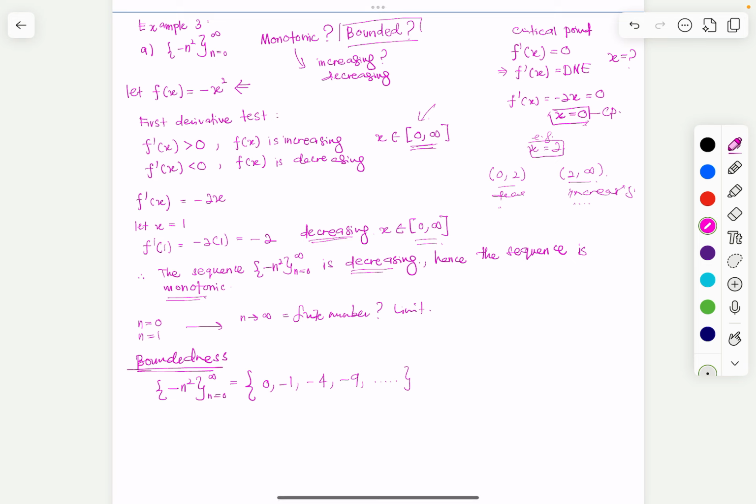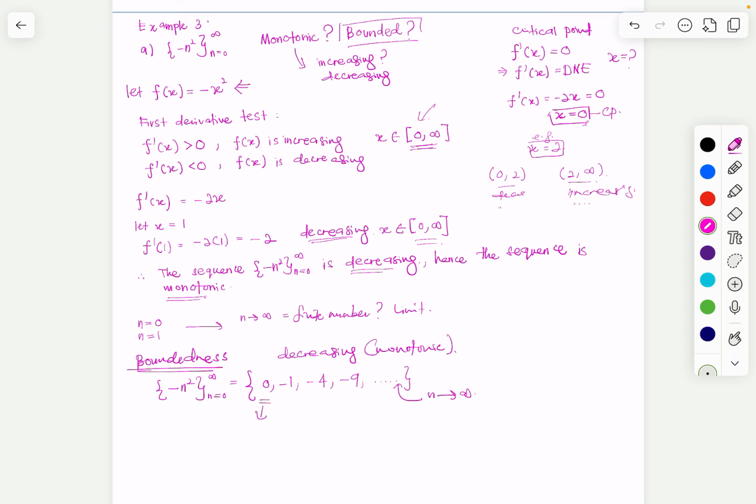Also, we have checked that this sequence is decreasing, which also means that it is monotonic. Comparing the terms, the smallest term we don't know, because it goes from a big number to smaller numbers, so the smallest would be somewhere out there as n goes to infinity. But we can say that the biggest number here is 0.